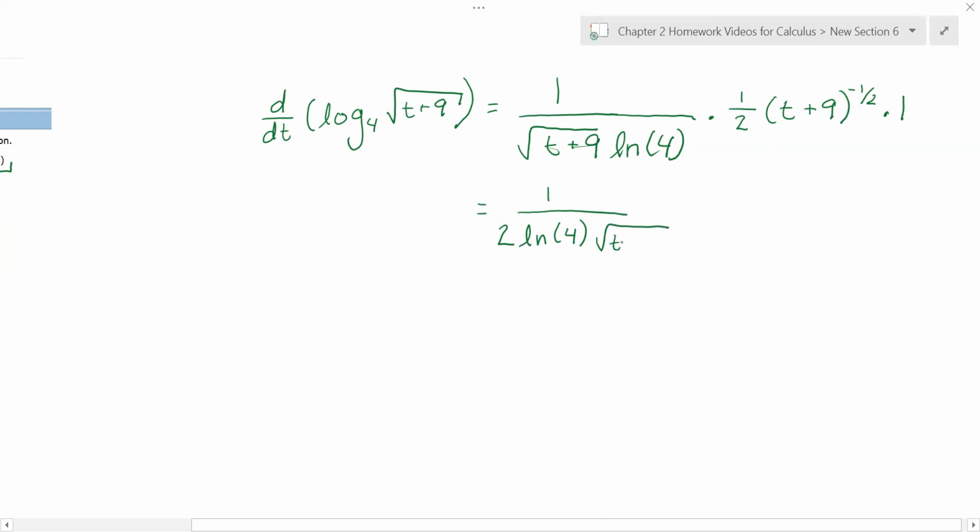This t plus 9 to the negative 1/2 power is also going to be 1 over the square root of t plus 9. And so this is going to become 1 over 2 natural log of 4 times the square root of t plus 9 times the square root of t plus 9. That's going to be a t plus 9. So that's one way that we can differentiate it.